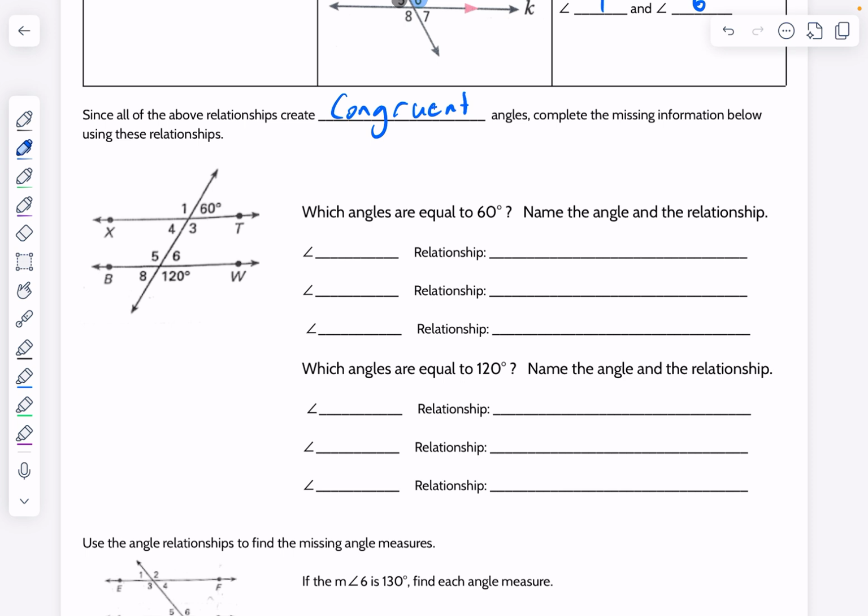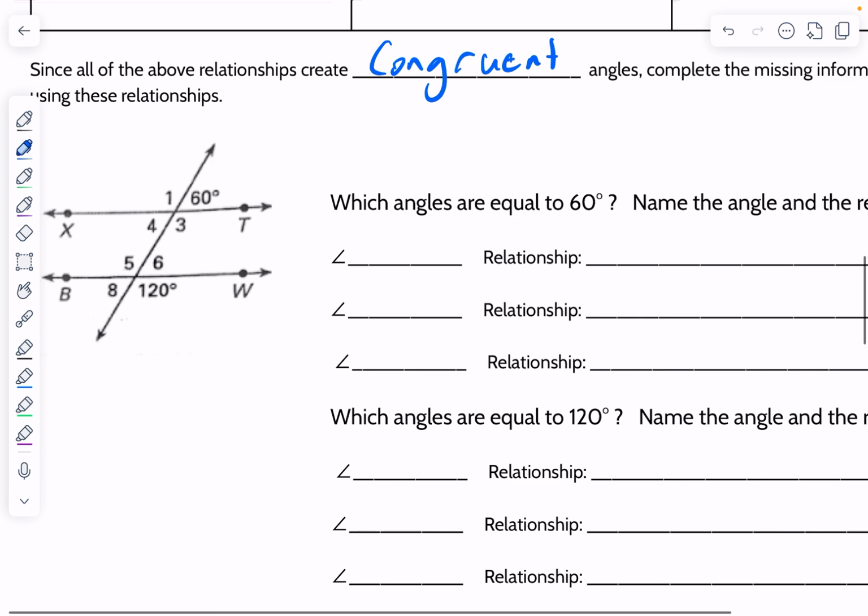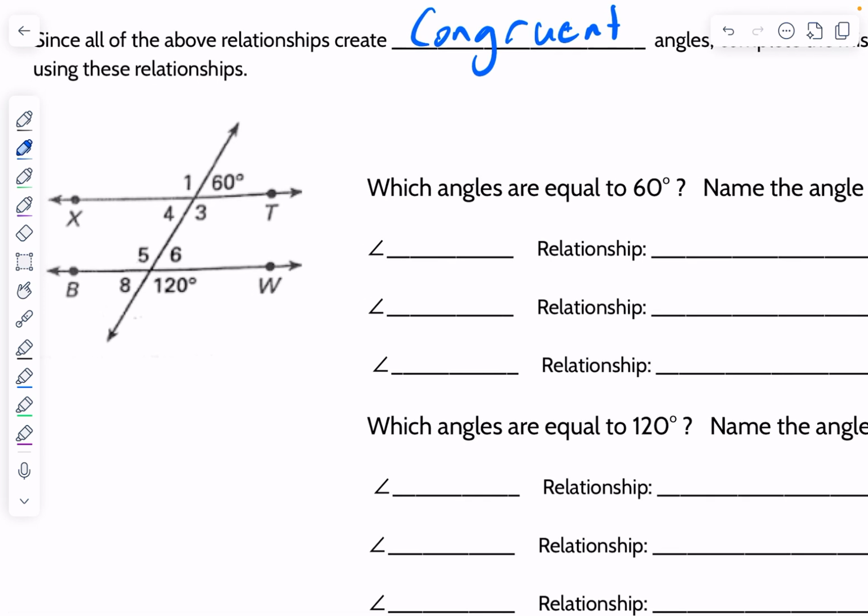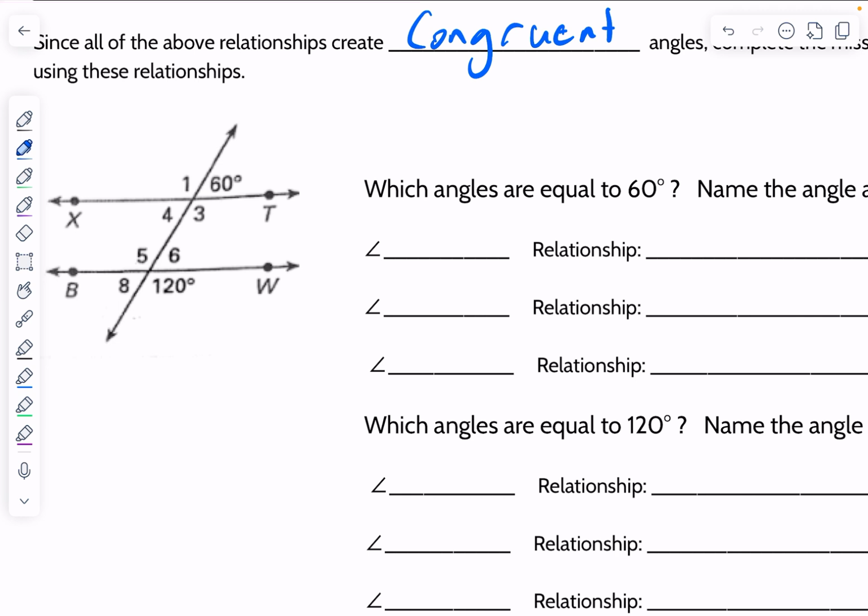So first, let's find them, then we can start writing them down. So, let's start with 60. Okay, and then I'm going to look for it here.